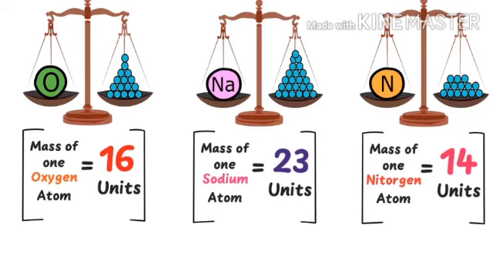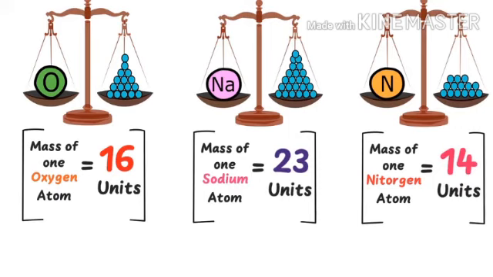Now if you want to find the mass of oxygen, you place the oxygen on one side and on the other side you compare it with the carbon-12 units.